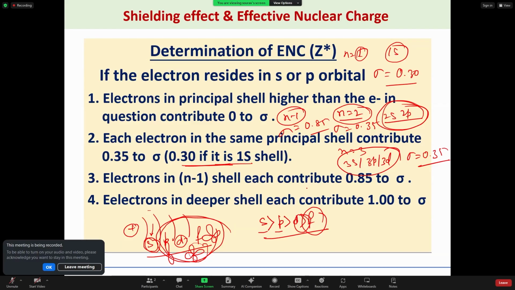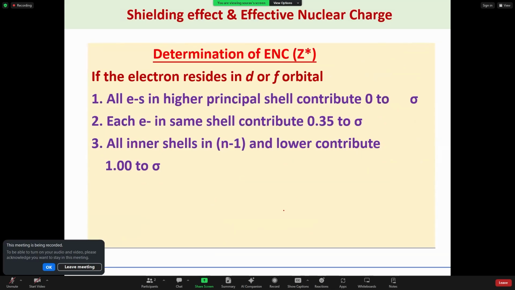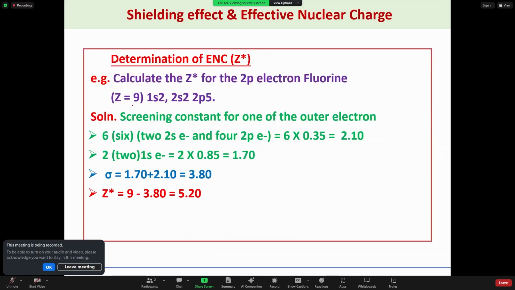We have already told about that. So this is one example. Here the Z value equals 9, that means the atomic number equals 9. When the atomic number equals 9, the electronic configuration will be 1s2, 2s2, 2p5.